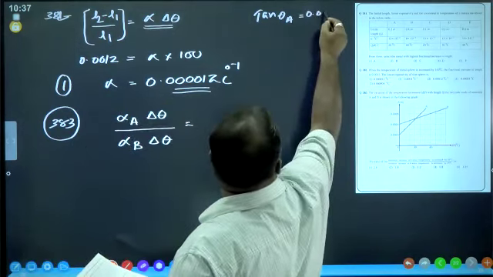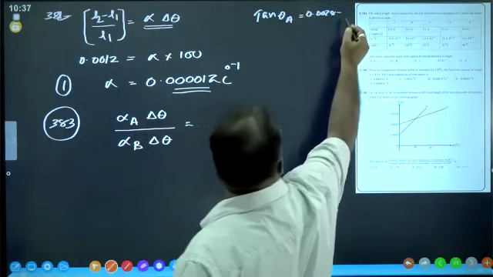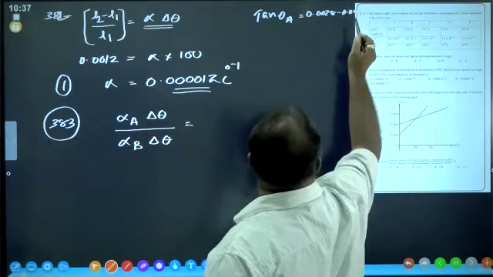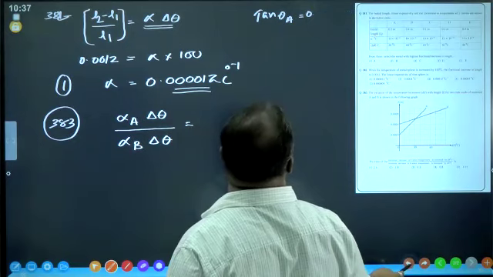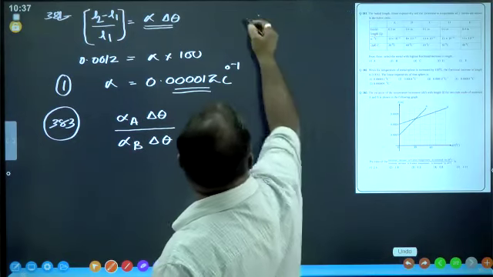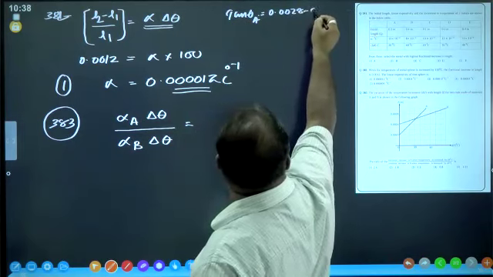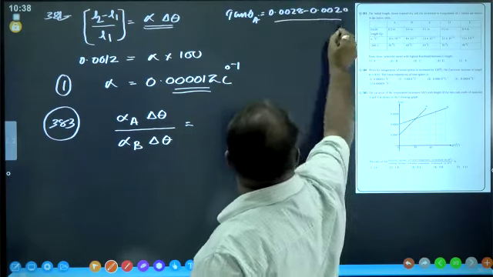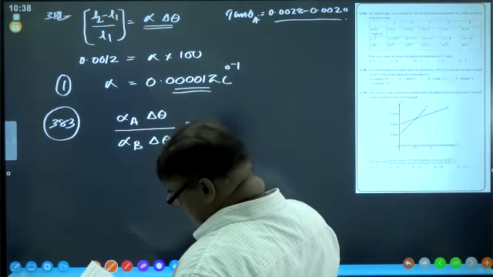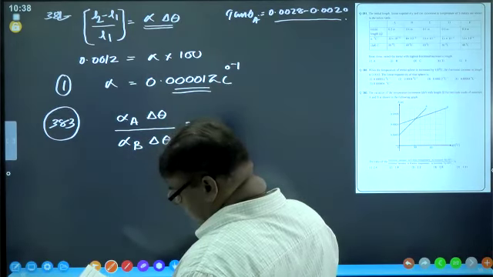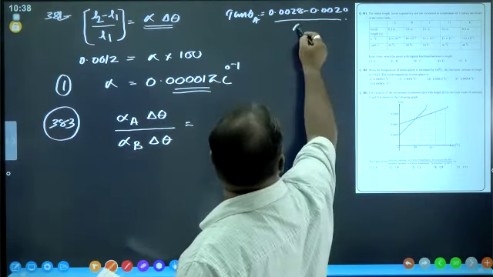We can say that the value is 0.0028 minus 0.0020, no? 0.0028 minus 0.0020 divided by the corresponding temperature, 40 degrees Celsius.